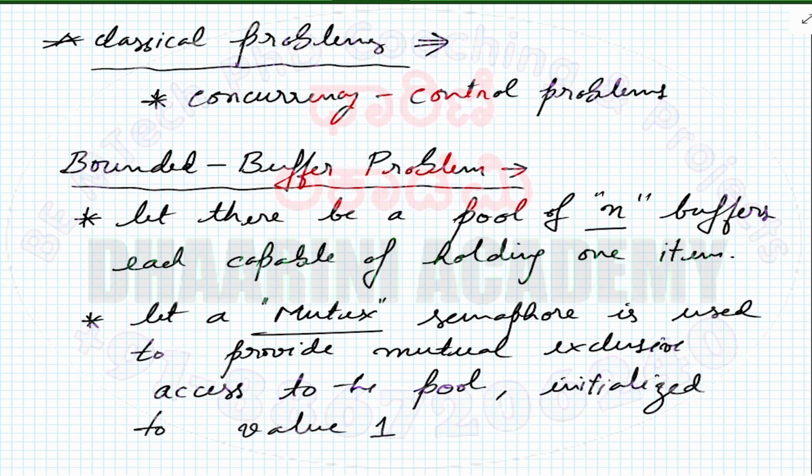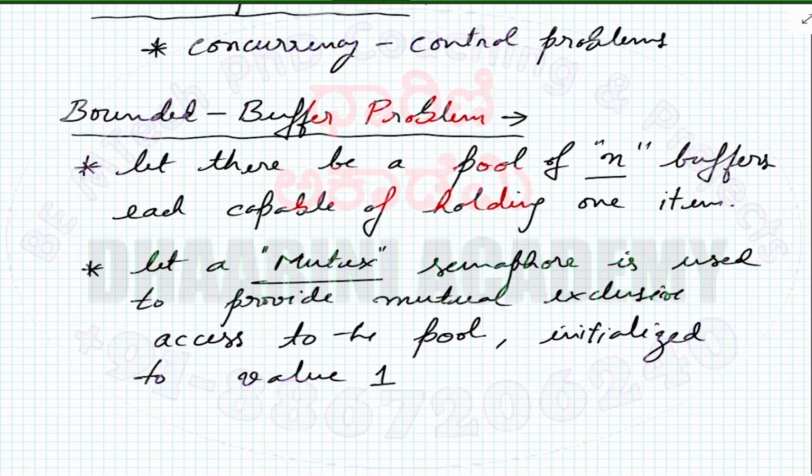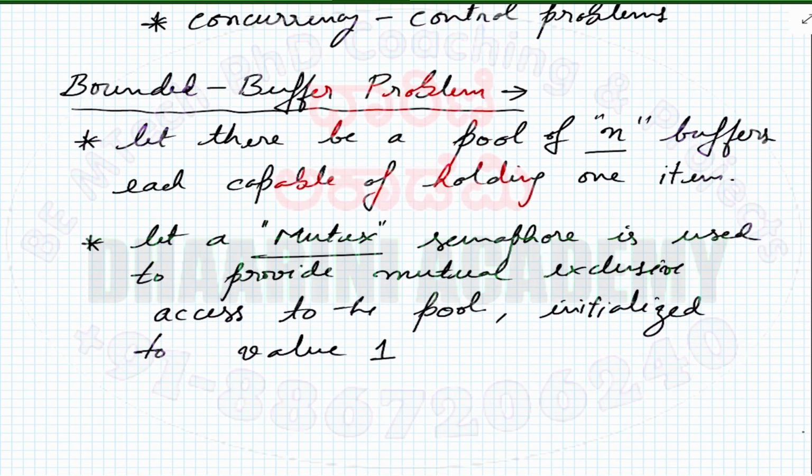Now there are two more semaphores, one is empty and one is full. They count the number of empty and full buffers. In the pool we have n number of buffers, so we use two more semaphores named empty and full.